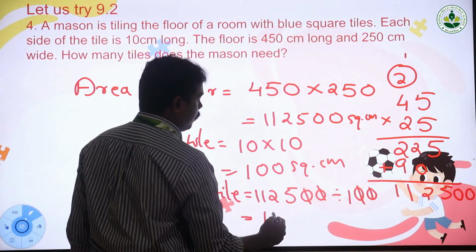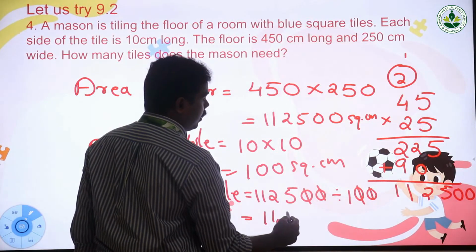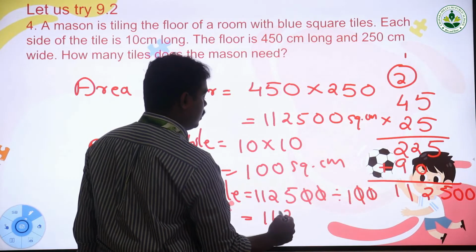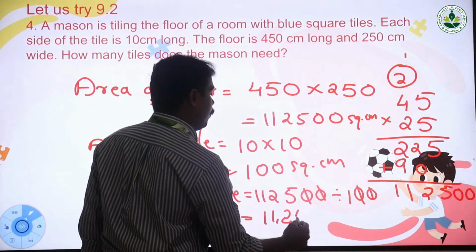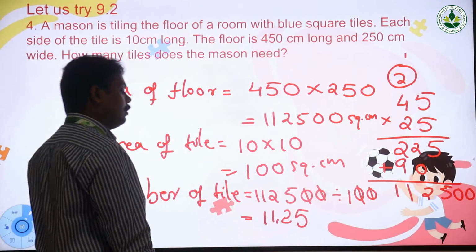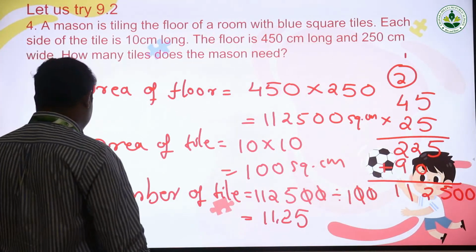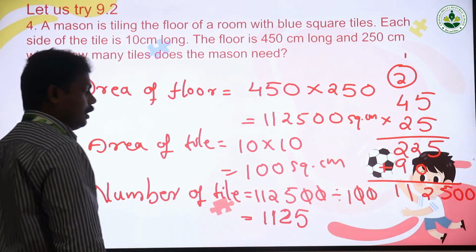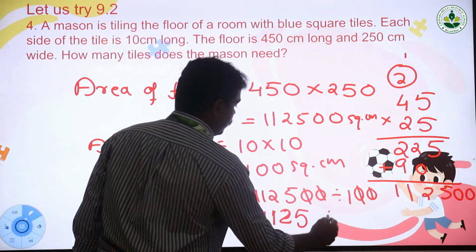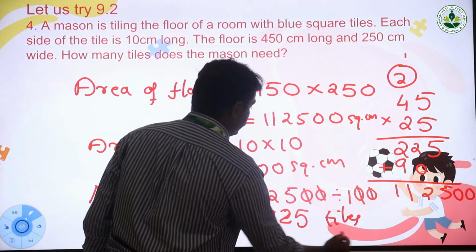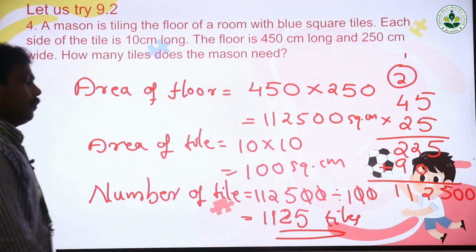Answer is 1,125. 1,125 tiles we need to tile this floor.